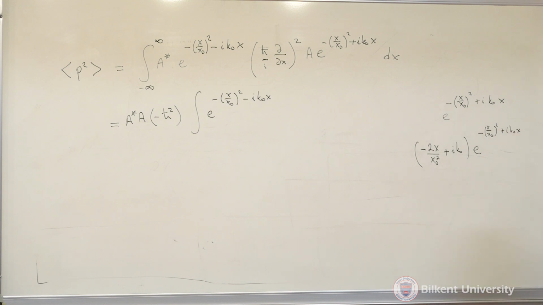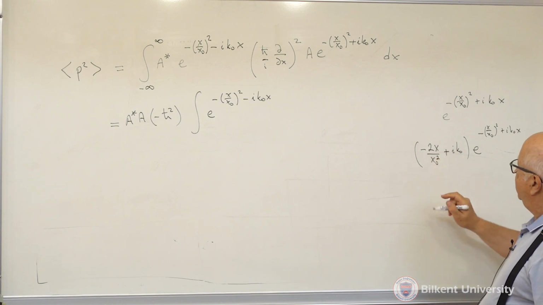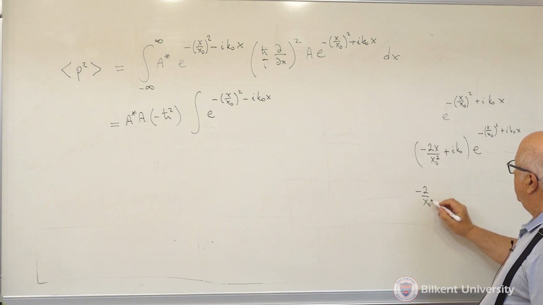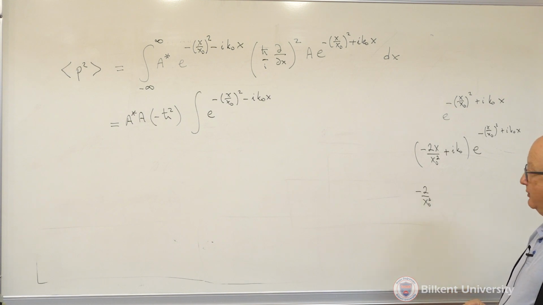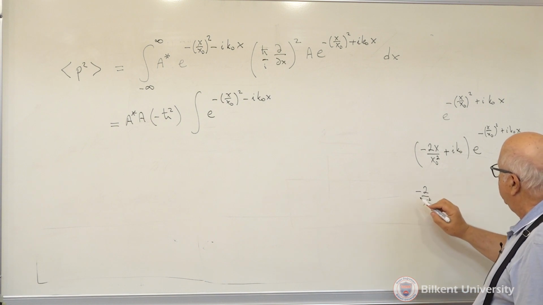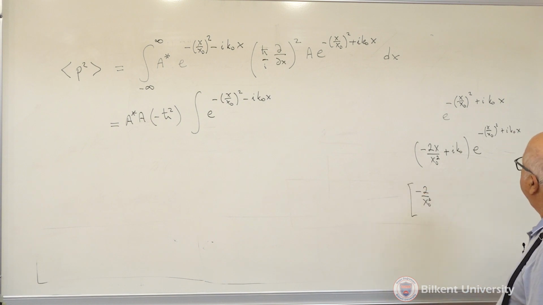Now I need to evaluate one more derivative. So there will be two types of objects. There's an x over here, but there's also an x over there. So I have to differentiate with respect to both of them. When I differentiate with respect to this one, I get minus 2 over x0 squared, times all of that stuff, but let me just put that in a bracket.